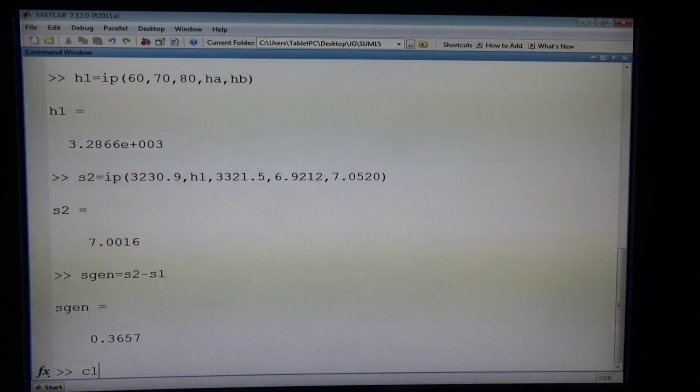Let's clear out everything from the last problem. M1 is equal to 10,000 divided by 3,600. So about 2.78 kilograms per second.